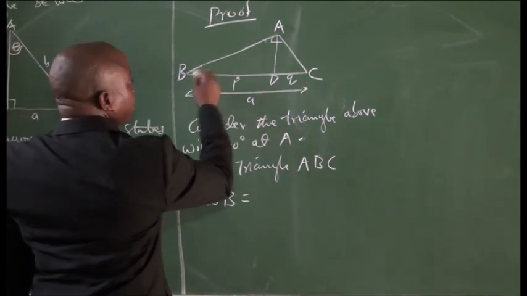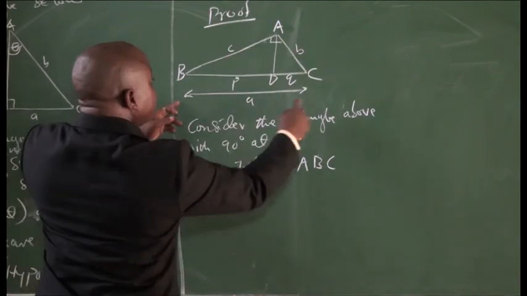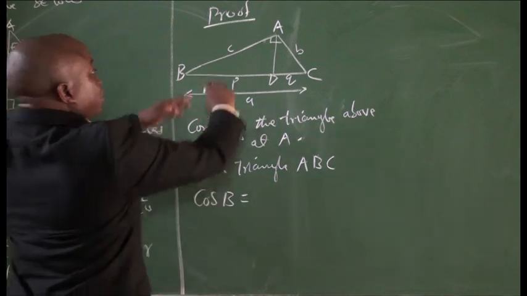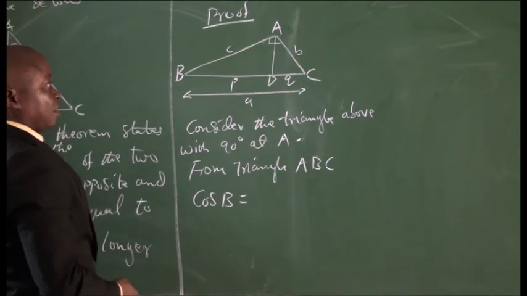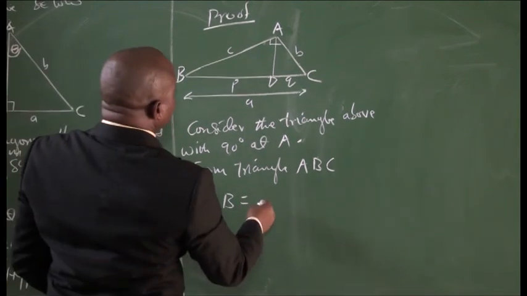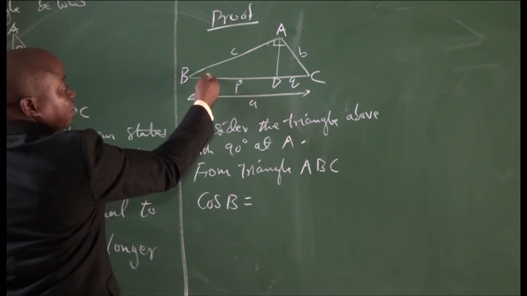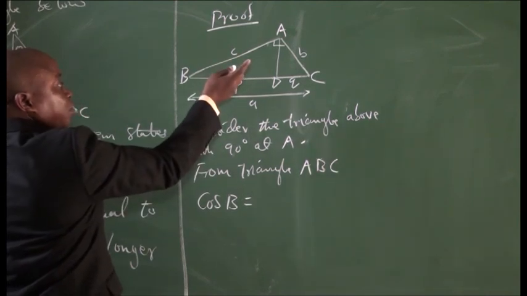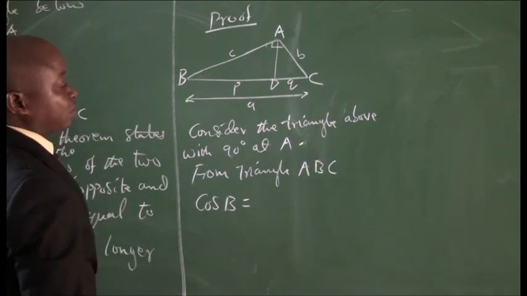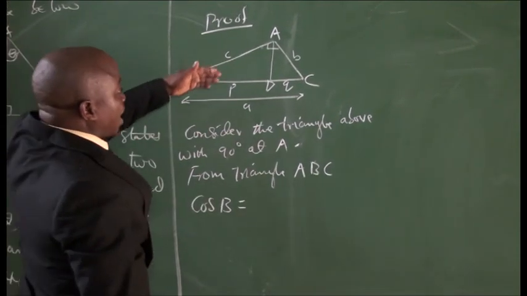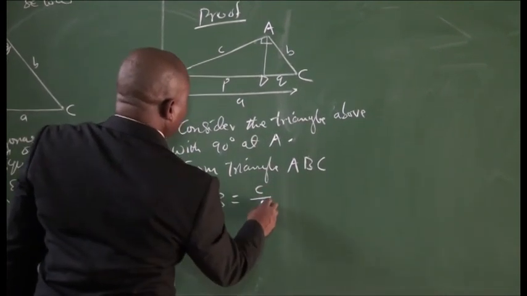If this is B, this side is B. If this is C, this is C, because the whole of this is A. Now from the whole triangle ABC, cos B, when I say cos B, I'm considering this angle, is equal to adjacent over hypotenuse. And here, adjacent is this side, that is C over A.